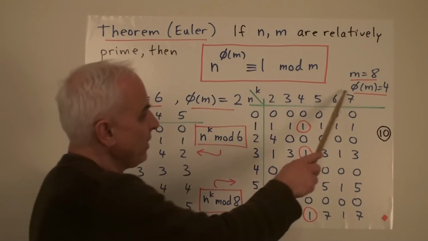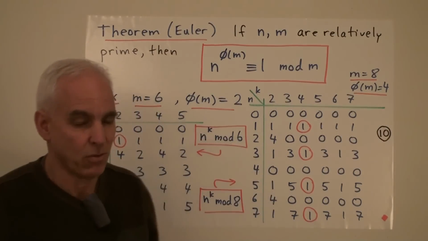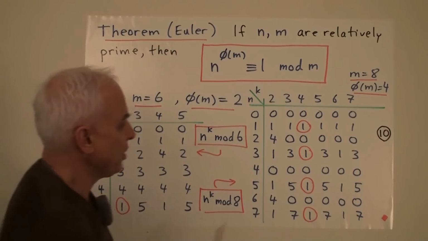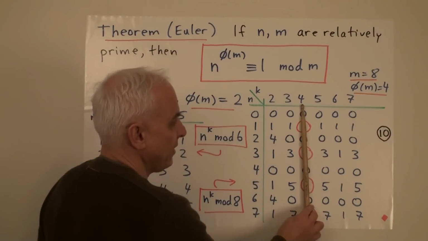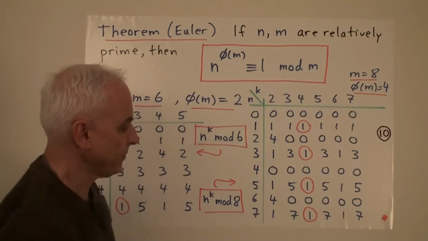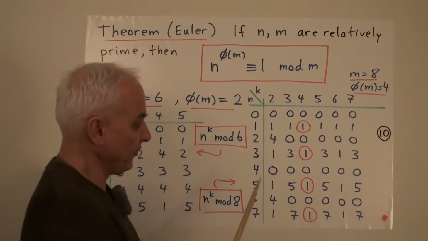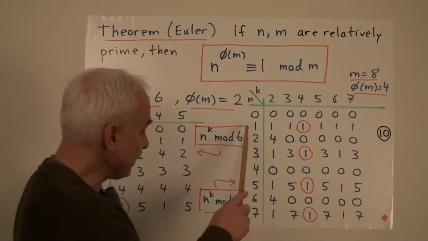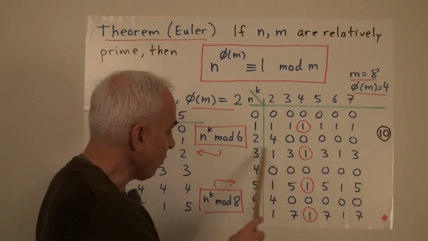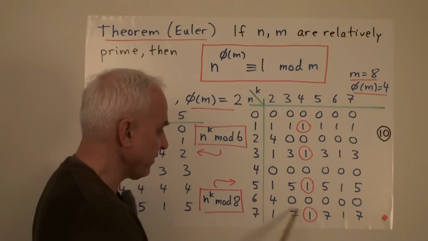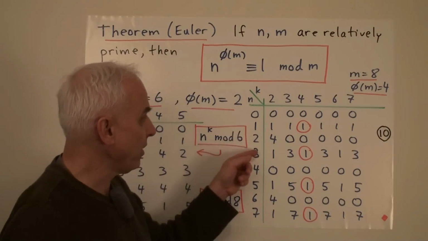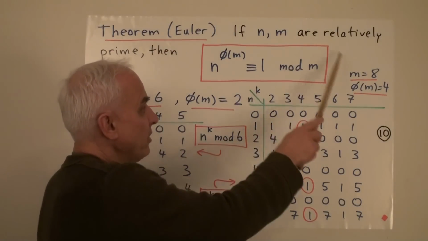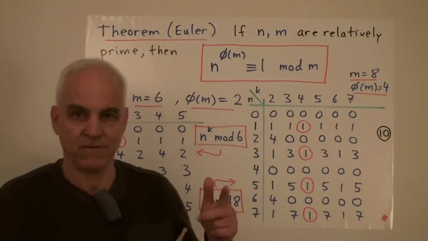And phi of m is 4. So Euler tells us that we should expect to see 1s in these 4th powers. In fact, we do see 1s, but we also see 0s. We see 1s exactly here at the 1, the 3, the 5, and the 7. These are the numbers which are relatively prime to 8: 1, 3, 5, and 7.